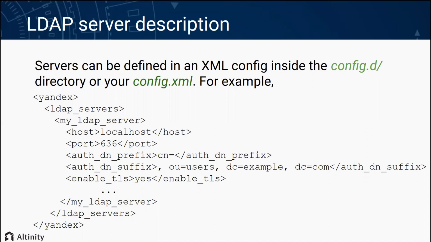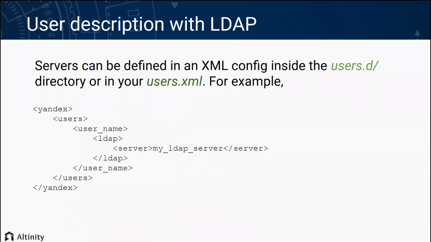We provide in this slide an example of how you can define my LDAP server, where you would specify the host and the port. You would specify if you want to enable a TLS connection, which is a secure connection. By default, it's set to yes. And then you are able to specify the DN prefix and suffix. That will be used to contact the LDAP server and check the password that was provided to ClickHouse.